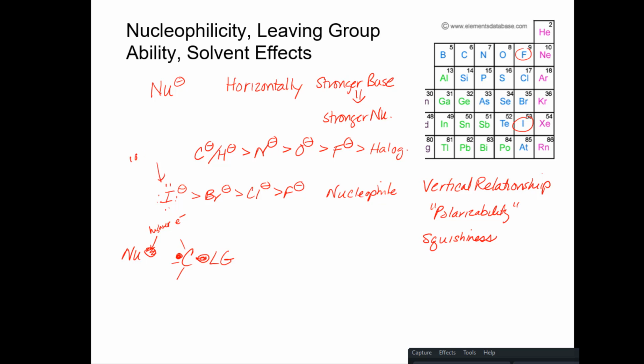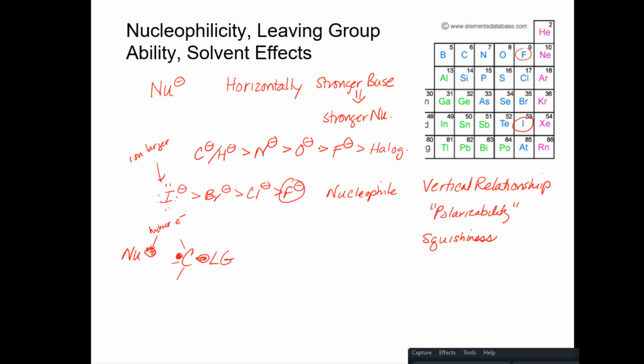The size of the ion gets larger. Why? Because there are more electrons, there's more shielding, right? These valence electrons are farther away from the nucleus. The farther they are from the nucleus, the less tightly they're bound, and the more squishy the electron clouds become.